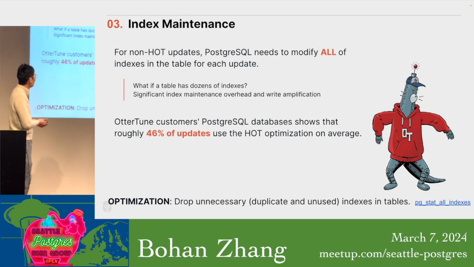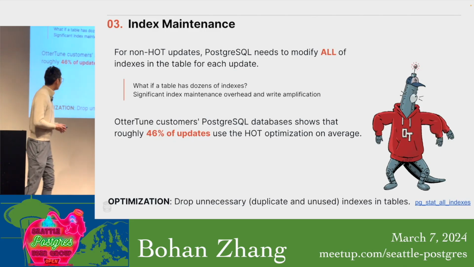It introduces significant index maintenance overhead and write amplification. We analyzed the data from our customers and found that roughly 46% of updates use the HOT optimization on average, which means still more than half of the updates are not HOT updates, and those updates can introduce significant index overhead.